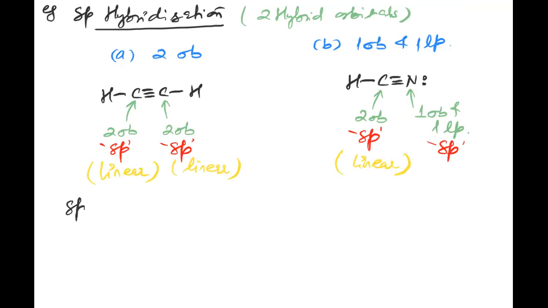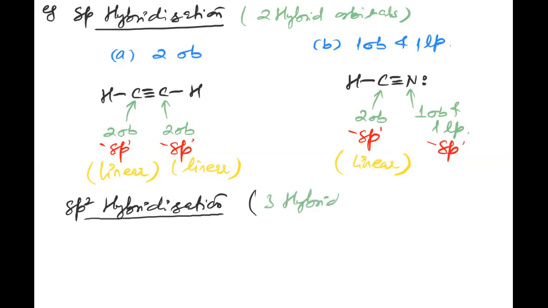Another hybridization is sp2. In sp2 hybridization, there are 3 hybrid orbitals. We require technically 3 hybrid orbitals here.